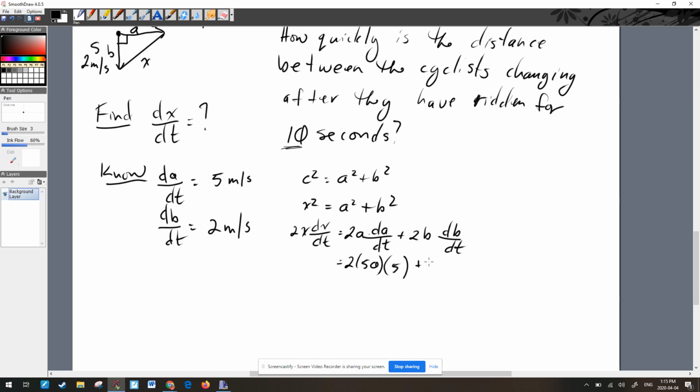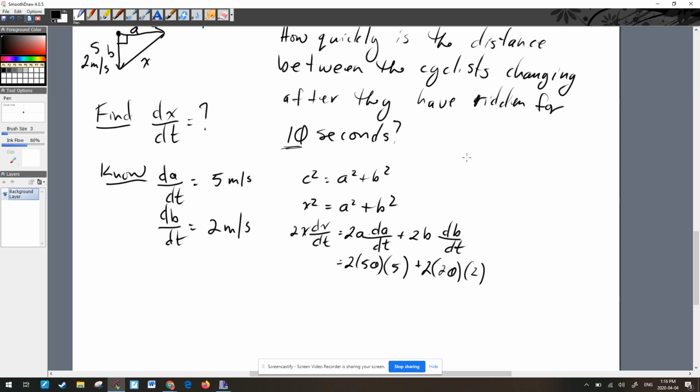Plus 2b: b ran for 10 seconds at 2 meters per second, so b is 20, times dB by dt, which is 2.